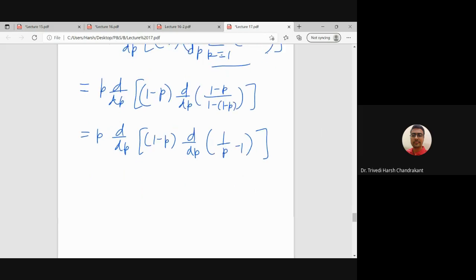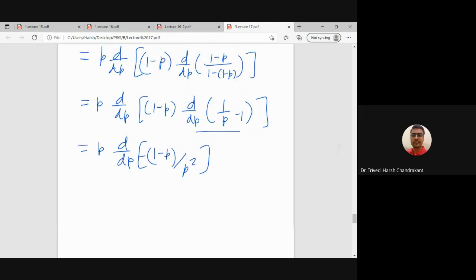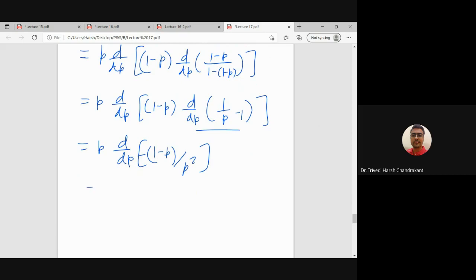And then we differentiate, what we get? The derivative of this term is minus 1 by p square, and then we divide by p square. What we get is p minus 1 divided by p square.